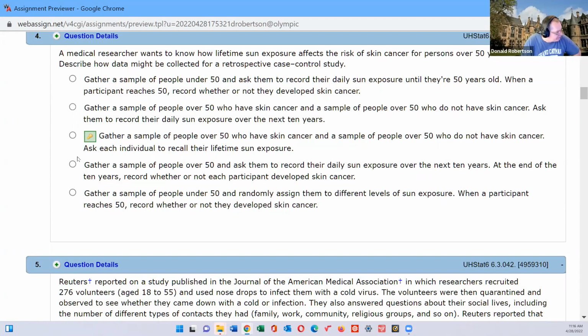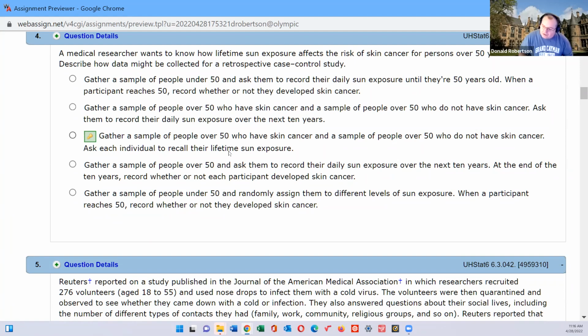So you're going to gather a sample of people who are over 50 who have skin cancer, and you find a sample of 50 people who do not have skin cancer, right? So you have two groups. Now, you didn't make them go out in the sun, right? They did that, right? And they got skin cancer, or they got it because whatever reason they got it. But you've got 50 people with skin cancer and 50 who've not.